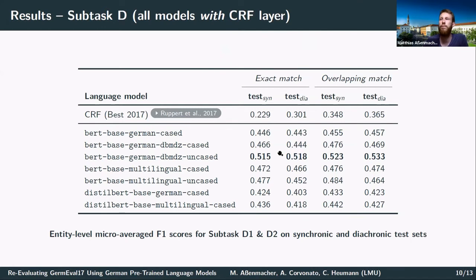And in this case, we were even able to outperform the results from back then, which were achieved by a simple CRF by Robert and colleagues, by a large margin. Also, they had these two distinctions here. One subtask of Subtask D, namely D1, was just measuring the exact match, whereas here the tolerance was ±1 token, which explains why the scores here are consistently higher than over here.